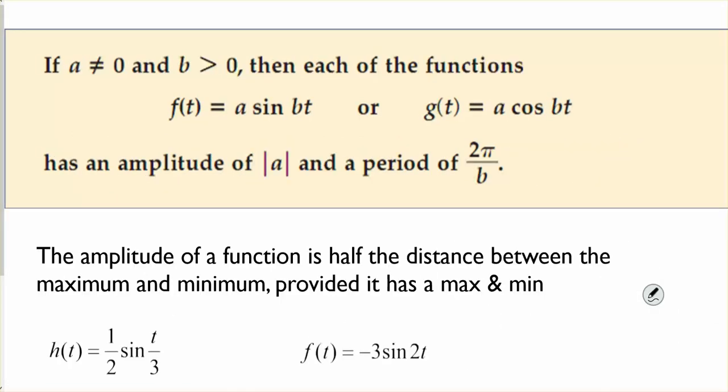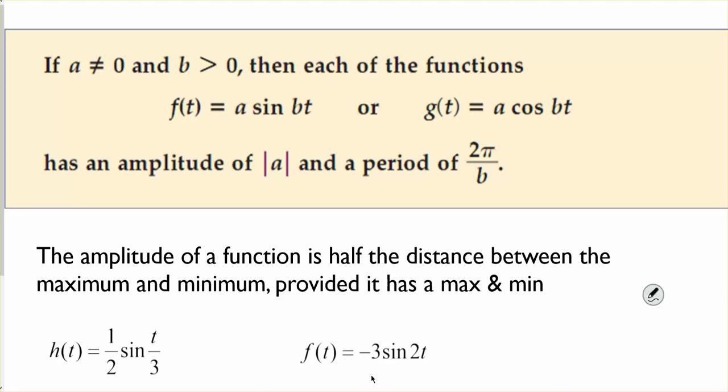Same thing works when we talk about amplitude. Amplitude is basically the absolute value of the thing in front of sine or cosine. So in this case, the amplitude of h of t is 1/2, and the amplitude of this one is 3. What does that mean?